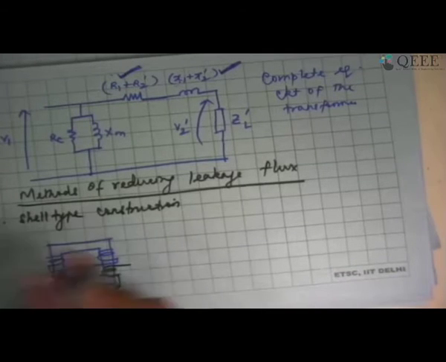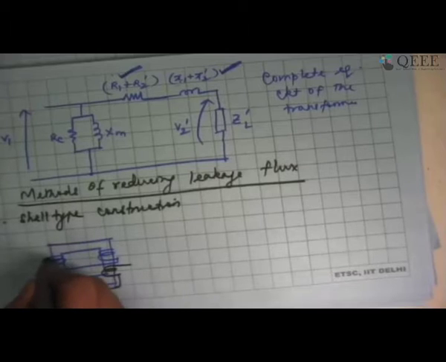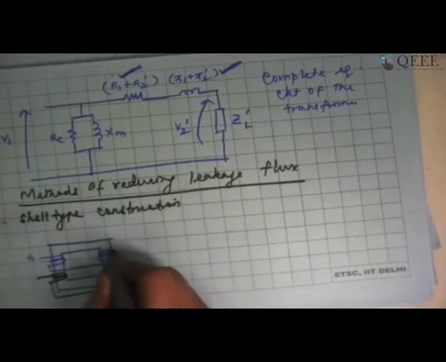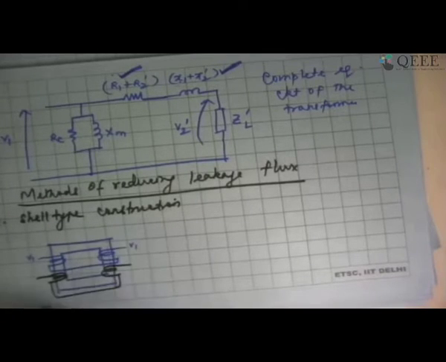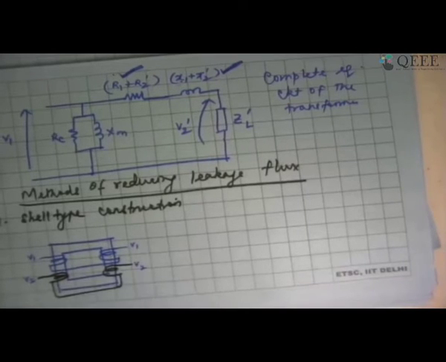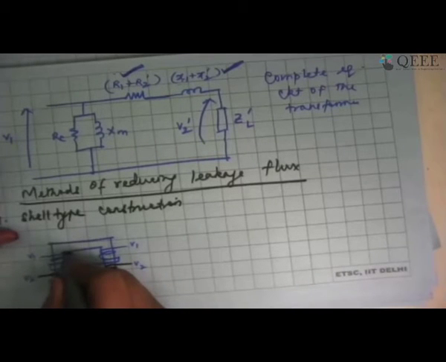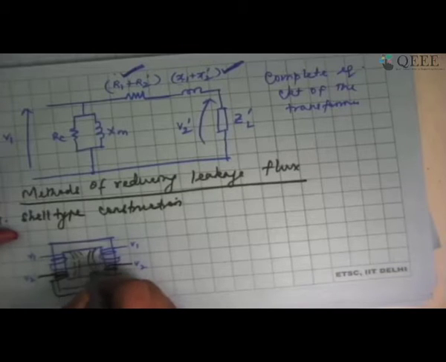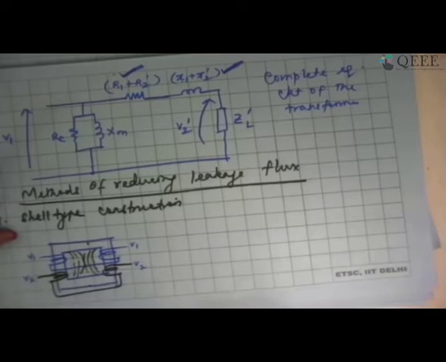So the blue color one is primary. V1 is going to be applied between these two terminals, and V2 is going to be tapped out between these two terminals. But still, because the window existing between the upper limb and the lower limb is big and long, there will definitely be leakage lines flowing like this.